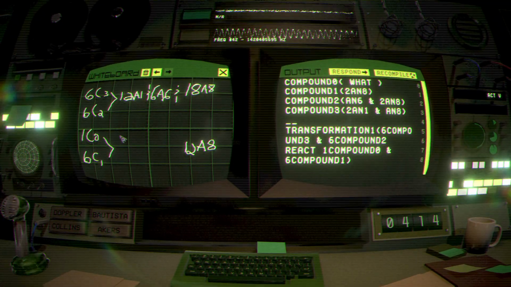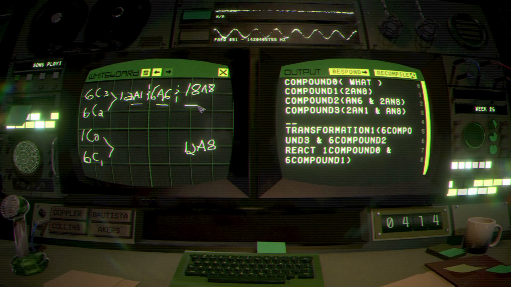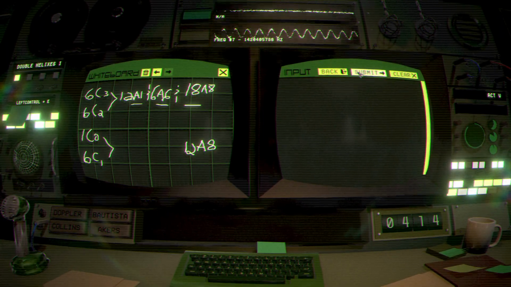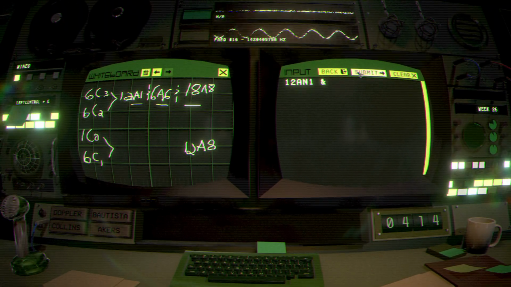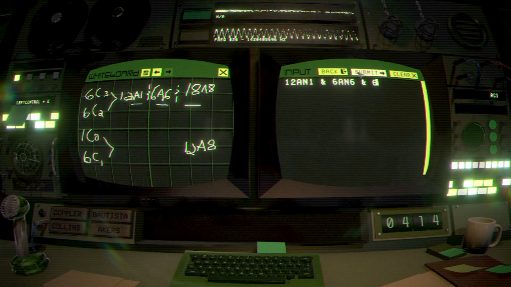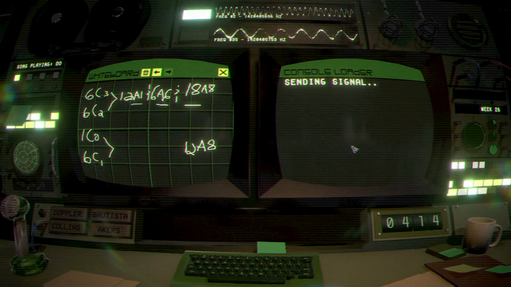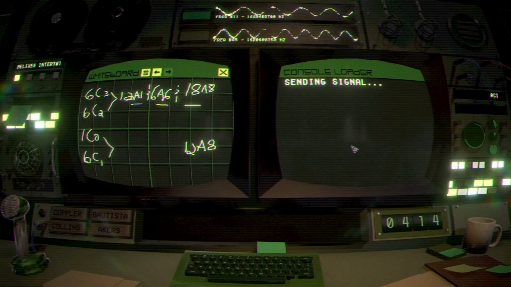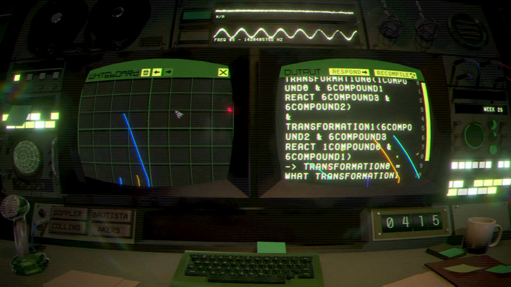So meaning compound 0 is 12, 6, and 6. Okay. 12 and 1. And 6 and 6. And 6 and 8. Let's see. Okay. Perfect. Clear the board.